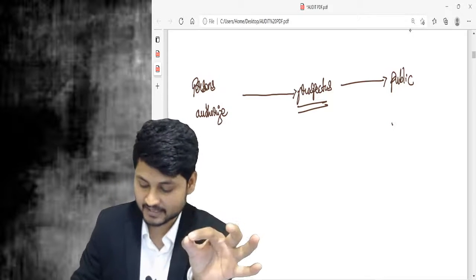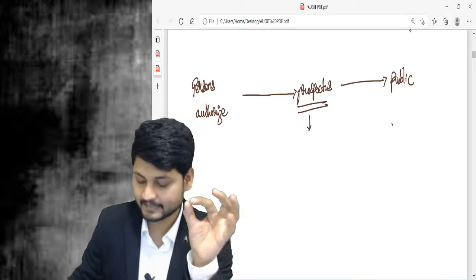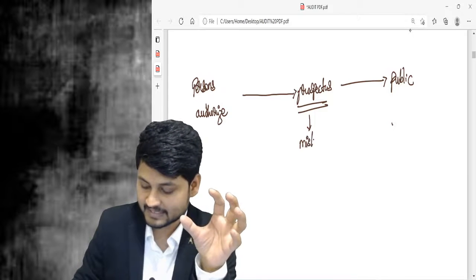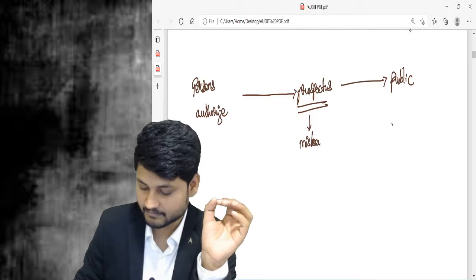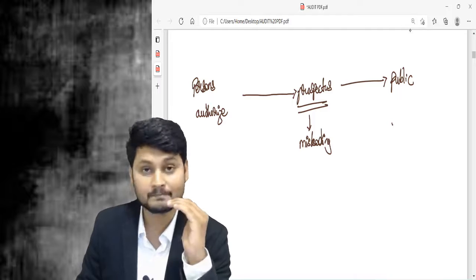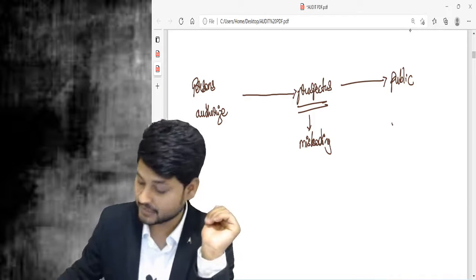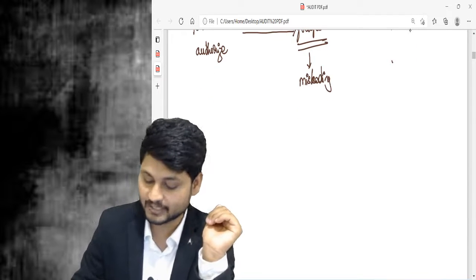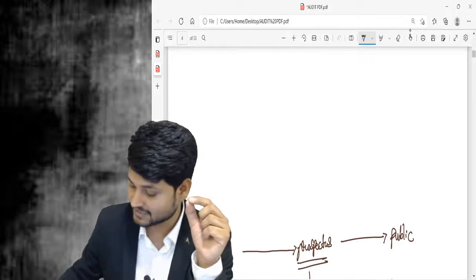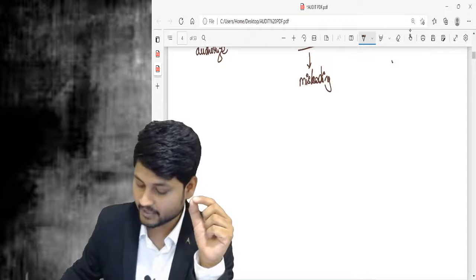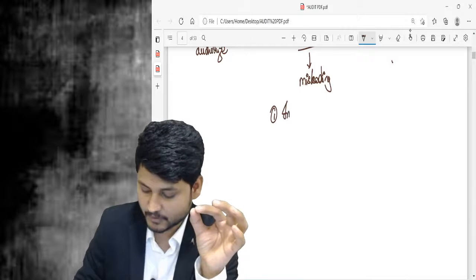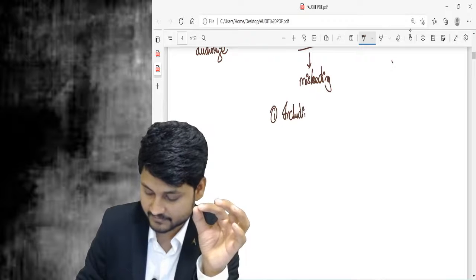If this prospectus is made in a misleading way, if it is misleading in nature, when can we call it misleading?